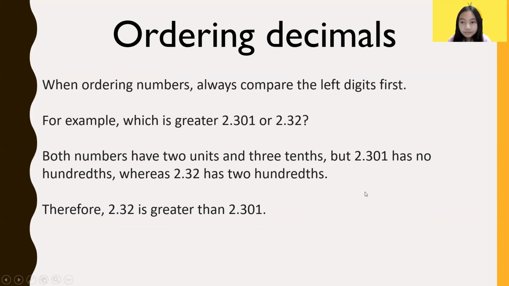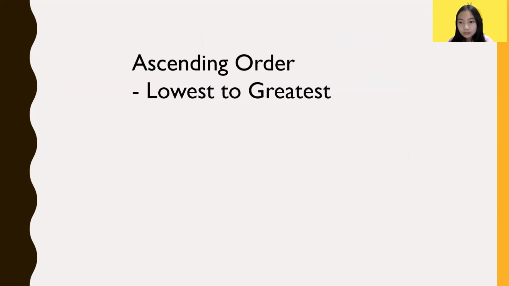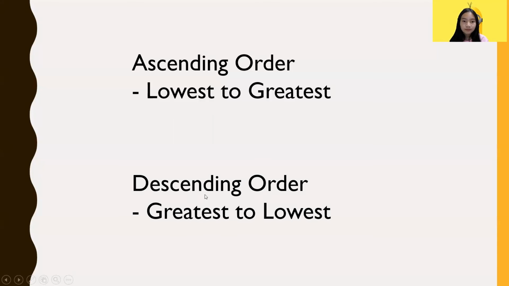Therefore, 2.32 is greater than 2.301. So we have ascending order, lowest to greatest, and descending order, greatest to lowest.